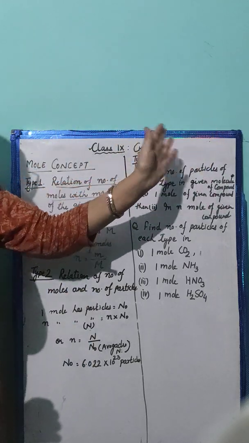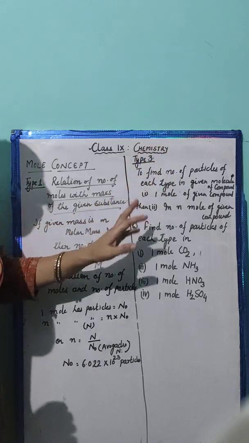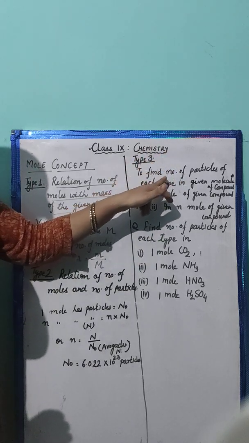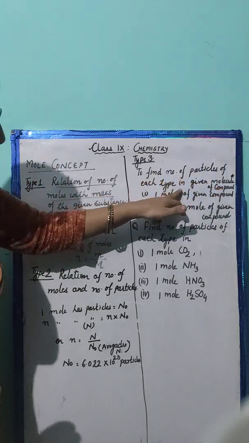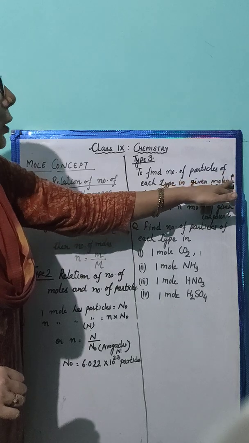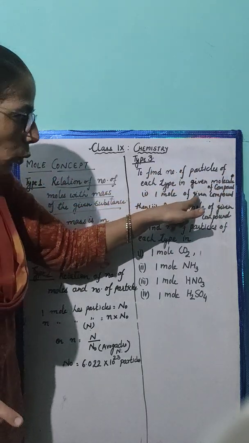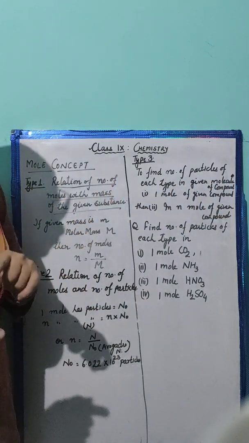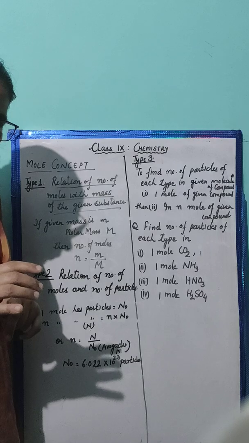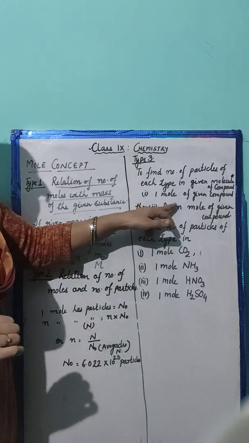Now we are on the verge of the end of mole concept, and here we are going to find type 3, that is to find the number of particles of each type in given molecule of a compound. First we will find in 1 mole of given compound, which different atoms will be there and how many particles of each, I will explain to you.